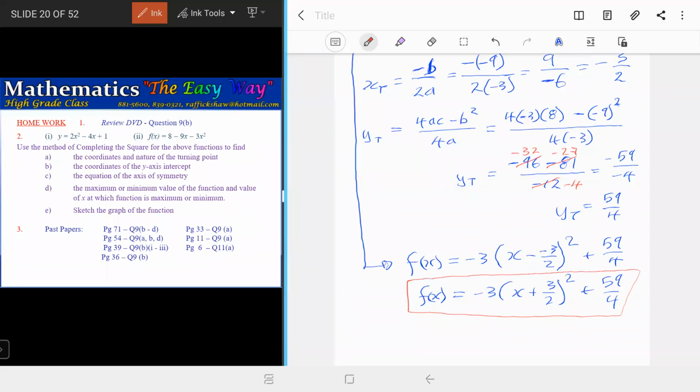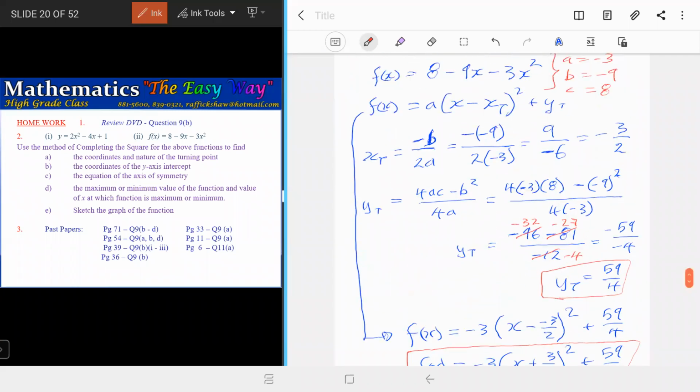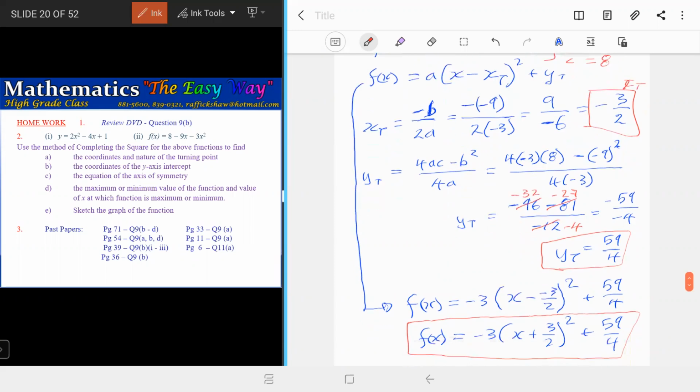We have to remember though that this is my yt value and this is my xt value right here. You have to remember those values because I need them for the next part of the question. So now that we have completed the square, we can go ahead and answer the questions over here.